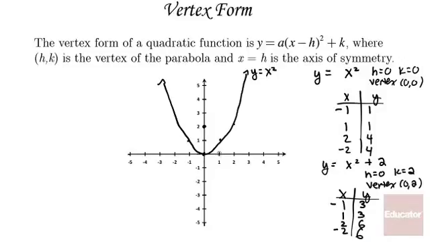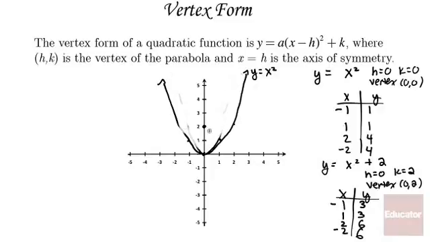So look at what happens with this graph. When x is 1, y is 3. When x is negative 1, y is 3. When x is 2, y is going to be up right about here at 6. As you can see, the graph is shifted up 2.